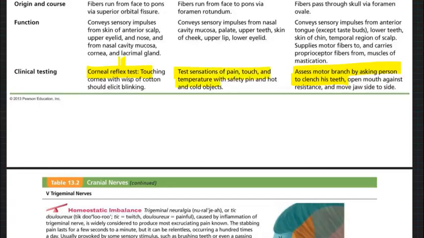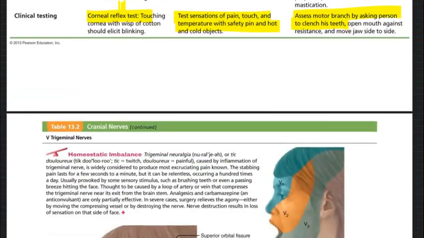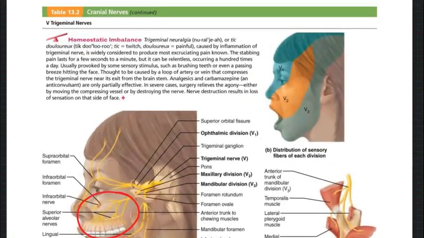Okay. Safety pin. That's pretty obvious. What about the homeostatic imbalance? Well, we kind of discussed it. You lose sensations if it's damaged, and you lose the motor function, the ability to properly chew food. There is another dysfunction associated with that nerve, called trigeminal neuralgia.